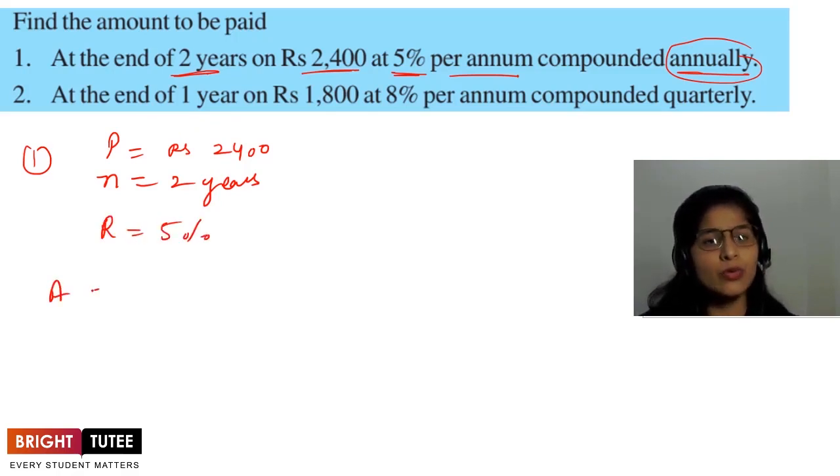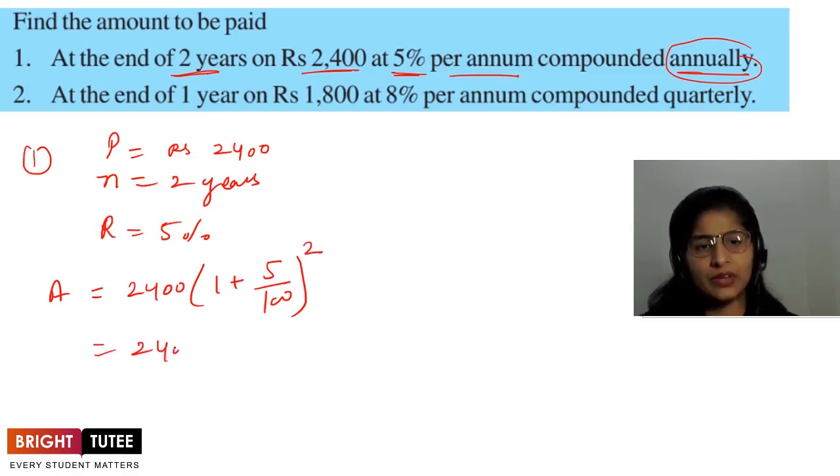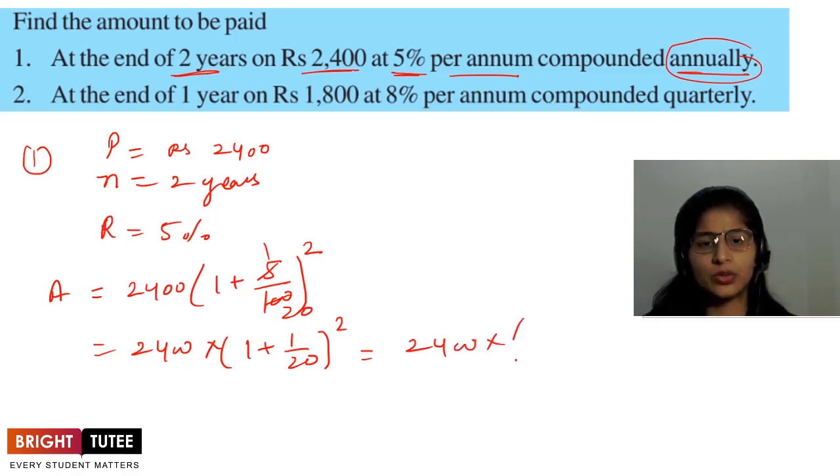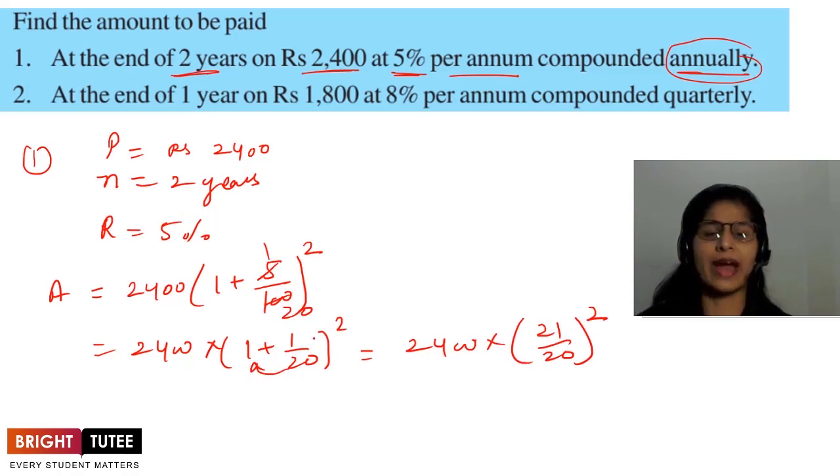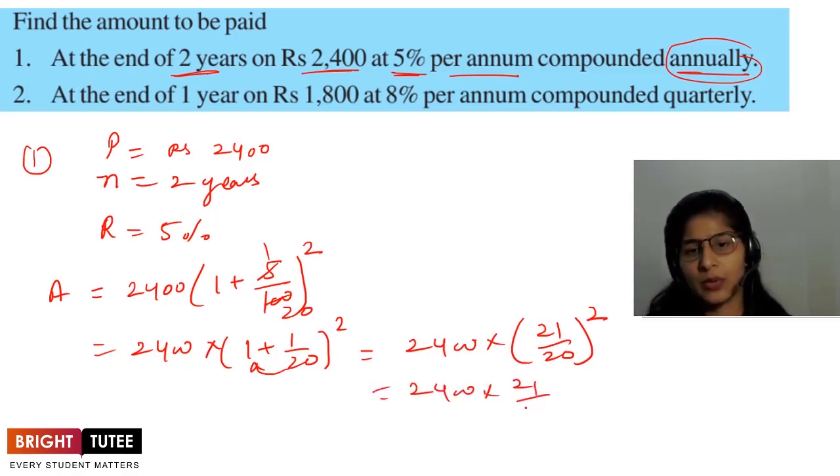So what will be the amount? Principal into 1 plus rate to the power 2, that is the time. So 2400 into 1 plus 1 upon 20 to the power 2, that becomes 2400 into 21 upon 20 to the power 2, because we add 1 with 1 upon 20. So you get 2400 into 21 upon 20 into 21 upon 20.